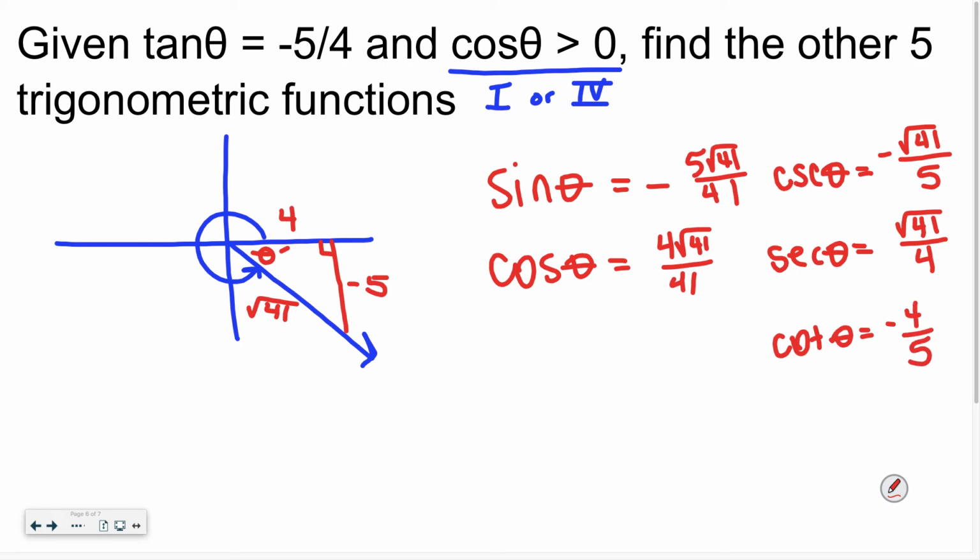Now, notice when I'm doing the cosecant and secant ratio, I am not flipping this fraction and then rationalizing again. If you had to rationalize your fraction, when you go to take the reciprocal, please think of it in its unrationalized form, so you just have to do a simple flip of the numerator and denominator.